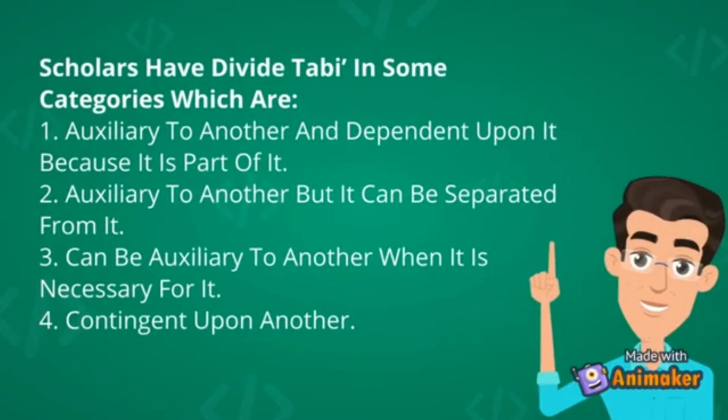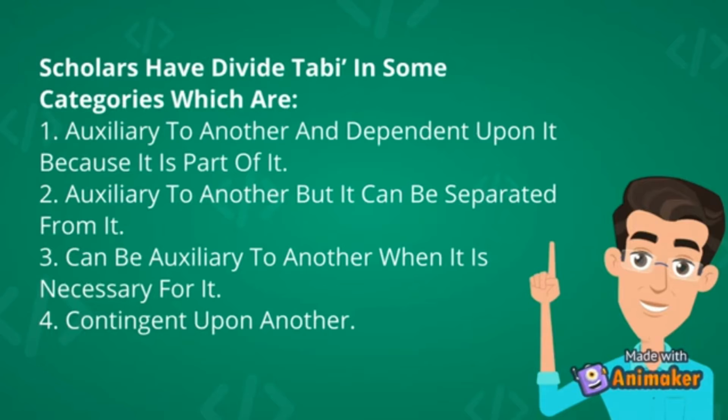Scholars have divided taabi'un in some categories which are 1. Auxiliary to another and dependent upon it, because it is part of it. 2. Auxiliary to another but it can be separated from it. 3. Can be auxiliary to another, when it is necessary for it. 4.